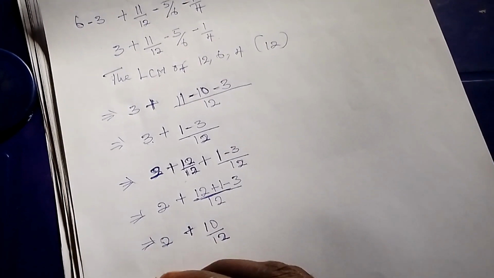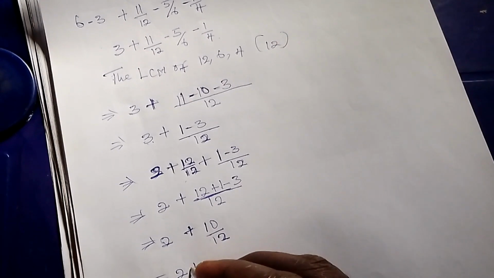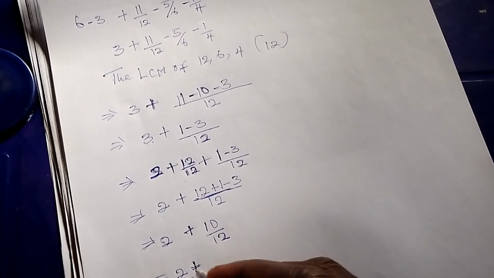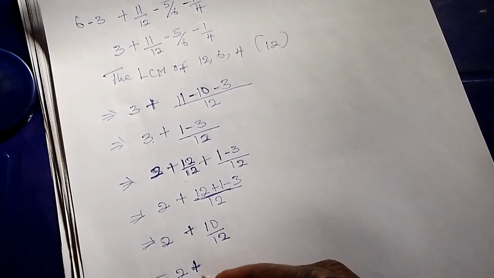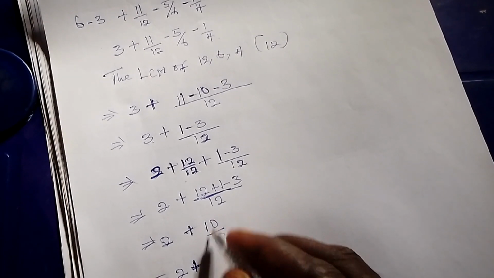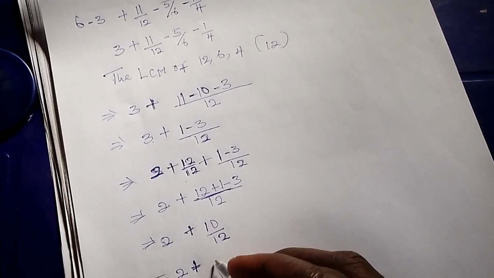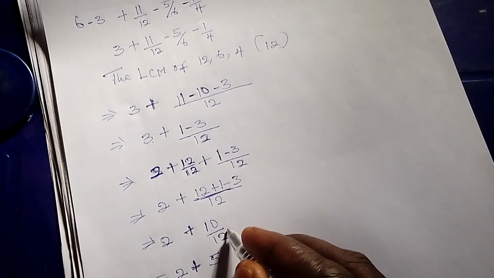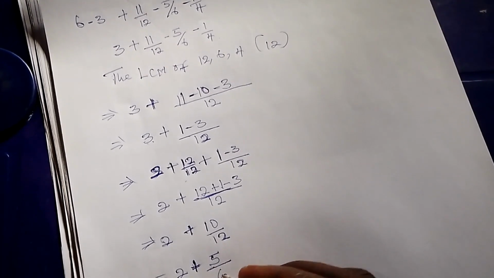Okay, to imply that 2 plus, you need to break this one down into its smallest unit. How do we do it? So 2 can come here. When 2 divides 10, we have 5. And when 2 divides 12, we have 6.